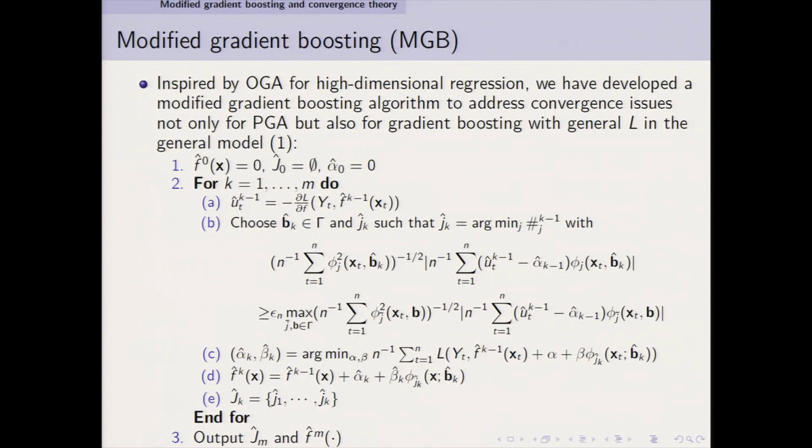But that suggests a way out. Inspired by OGA for high-dimensional regression, we have developed a modified gradient boosting. Gradient boosting turns out, as I have mentioned, even in the linear regression case, to have a convergence problem.